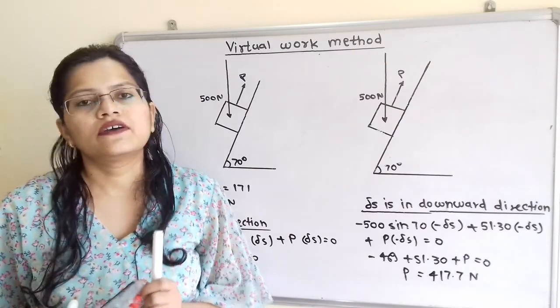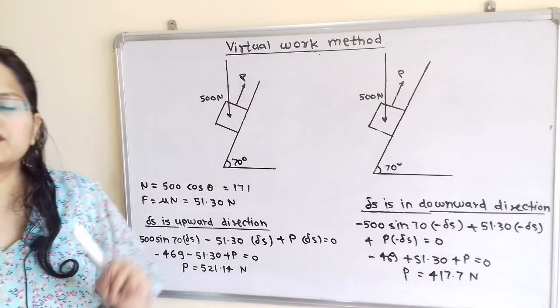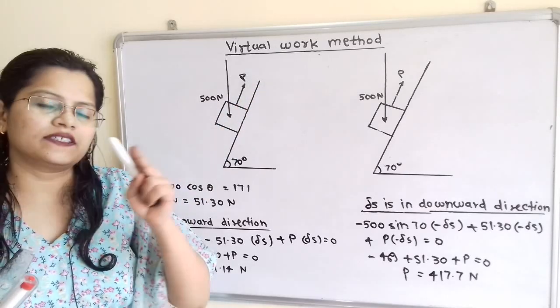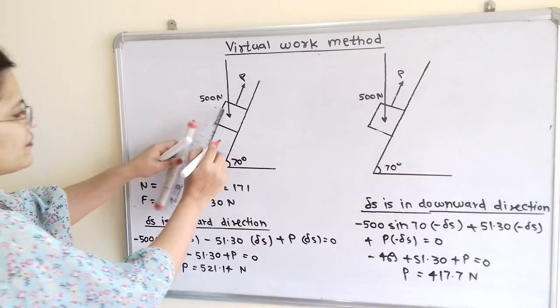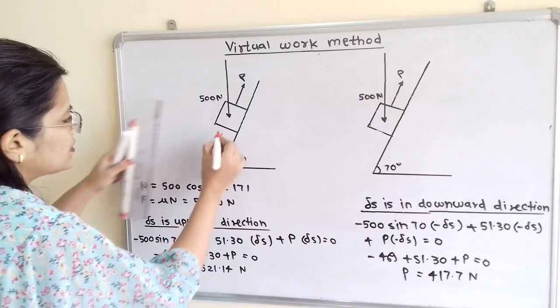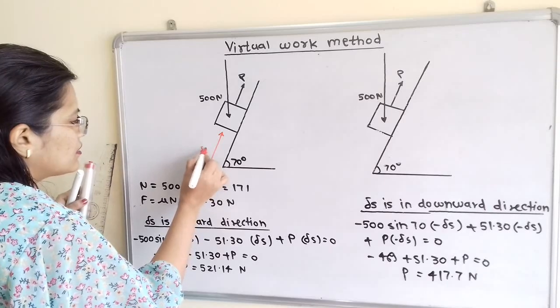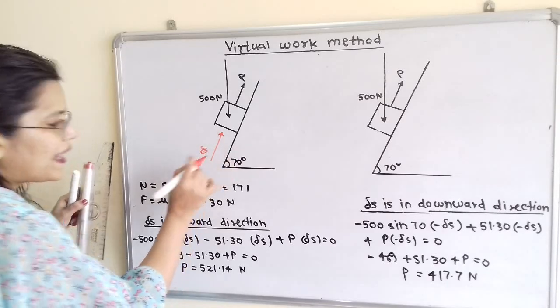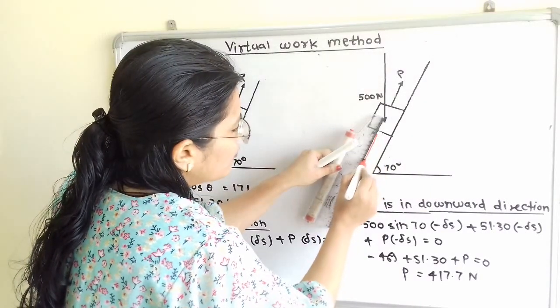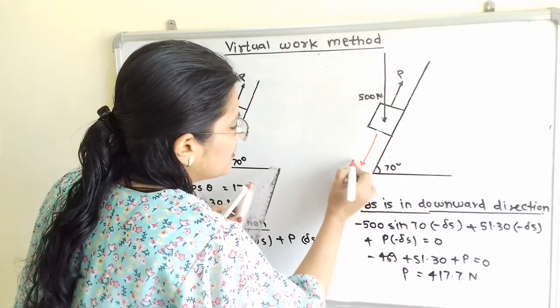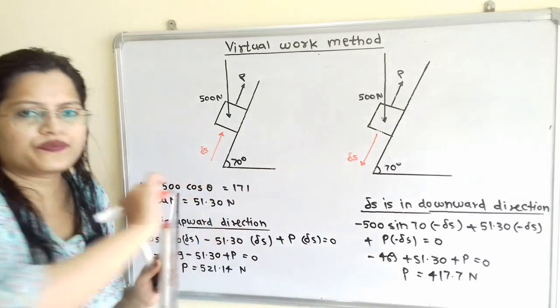Block slides on this inclined surface, so the displacement delta S is also parallel to the inclined surface. So we will show in the first case delta S in the upward direction. We have to show the line parallel to the inclined surface, and in the second case we have to show delta S in the downward direction.